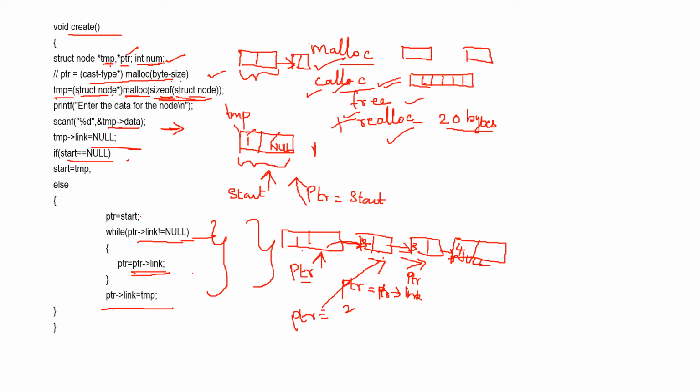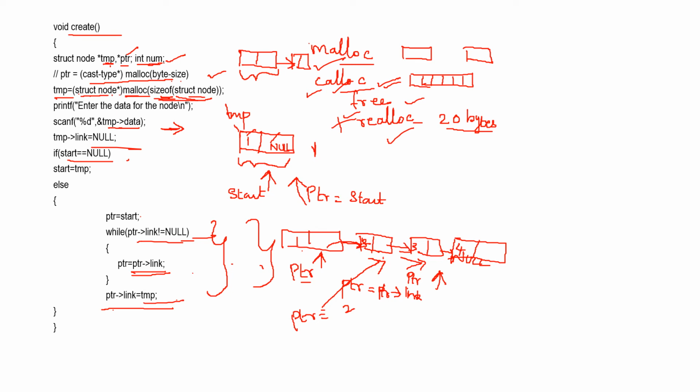It's nothing but a code which is used to make my pointer point to the last node. Once the pointer reaches the last node, I'm making my program control come out of the while loop.